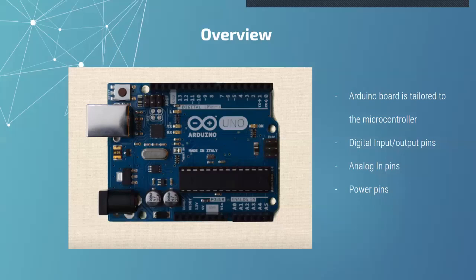So it hasn't been updated. It does not have USB-C or a regular USB adapter that we use for our iPhones, right? So we use the old printer USB and we connect it through our laptop, and that allows us to upload whatever program or code that we wrote in C++. So that's Arduino for you.